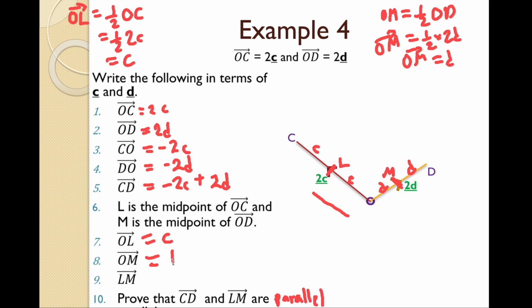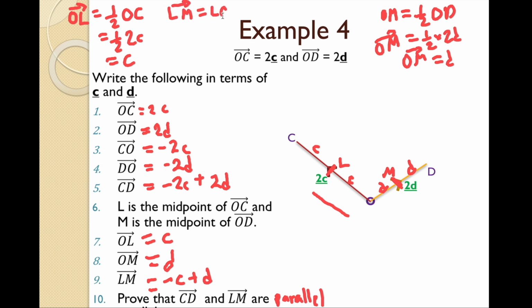So LM now. What is LM? Negative C plus D, or D take away C, right? So the thing is, how did we get that? If we're going from L, we said from L to O, then O to M. That's LM.